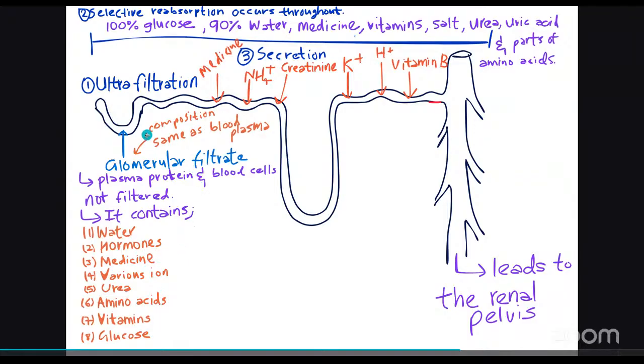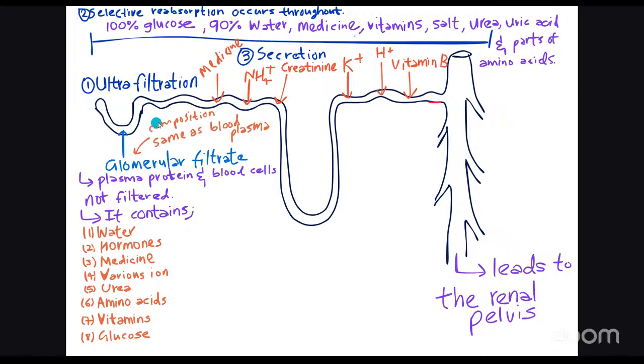Now what happens? Now take a look at this. The composition of glomerular filtrate is the same as the composition of blood plasma. Okay, it is the same. I do agree, but it's a little bit different, because certain items in blood plasma are going to be lacking in glomerular filtrate.